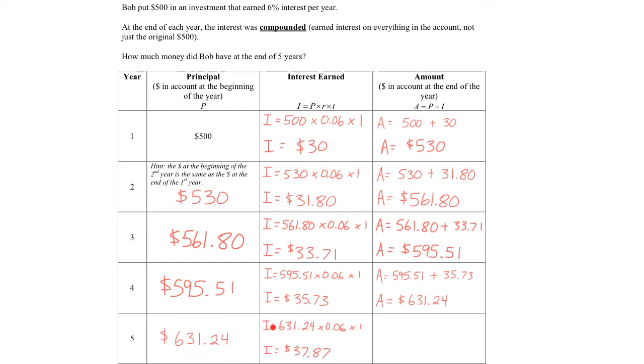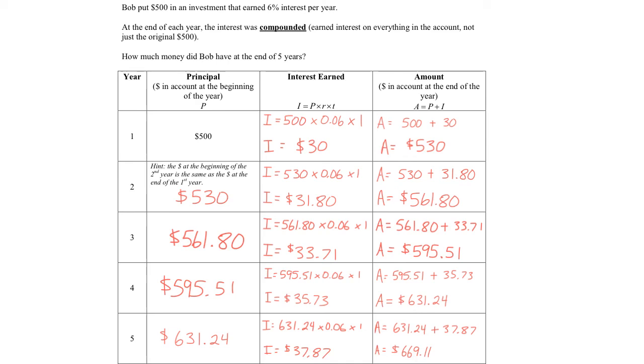He earns 6% interest for that year, which is $37.87. Those added together get us $669.11. So he started with $500. Every year the interest was compounded, and he ended up with $669.11.